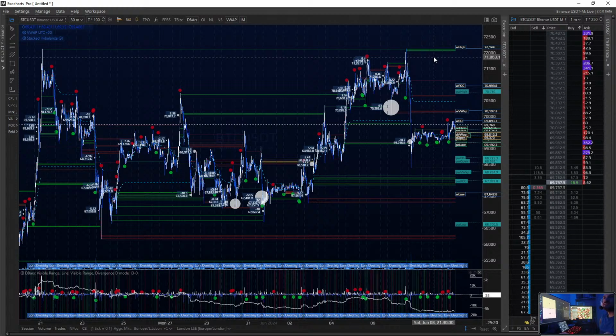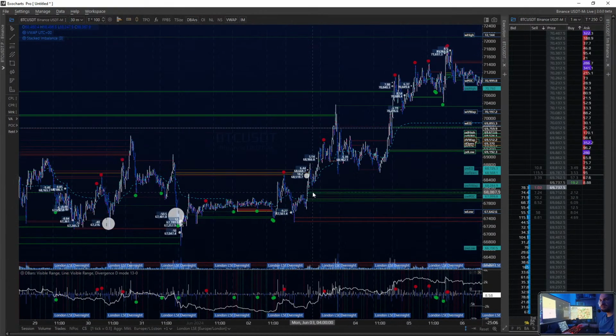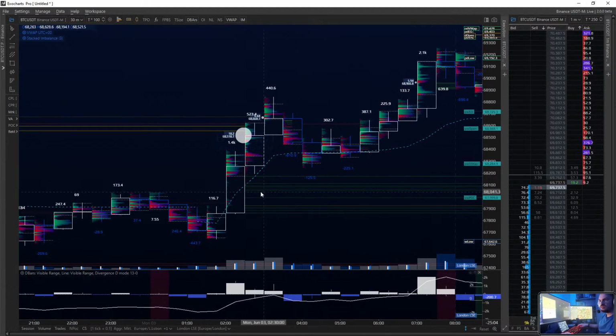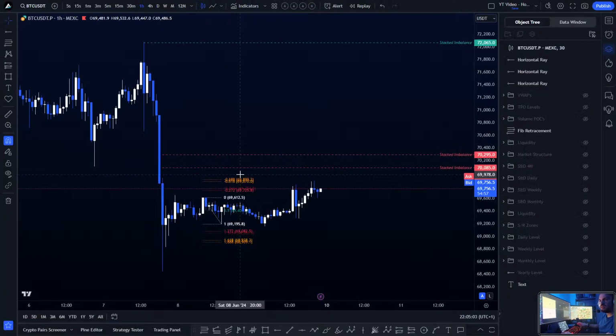But nah, this is almost for sure going to be a liquidity grab move. Sell side liquidity, buy side liquidity. They are too stacked. These start at 68,185.